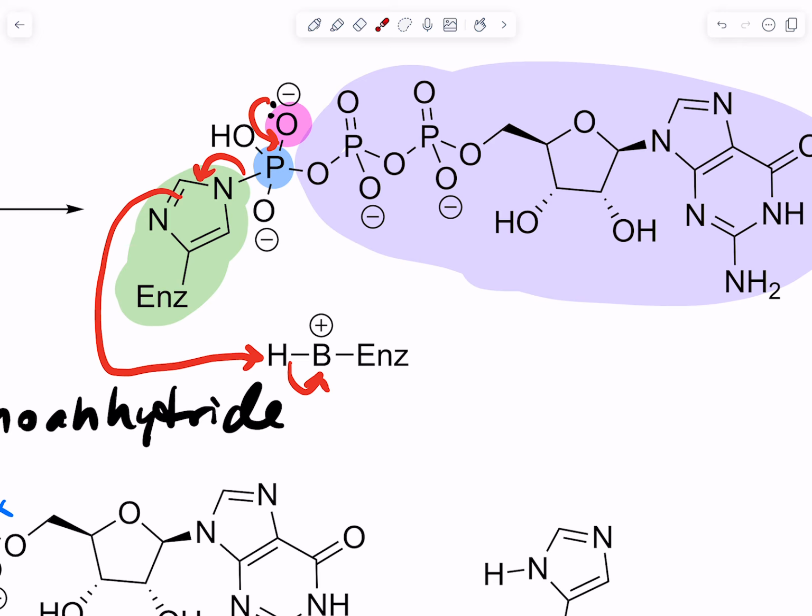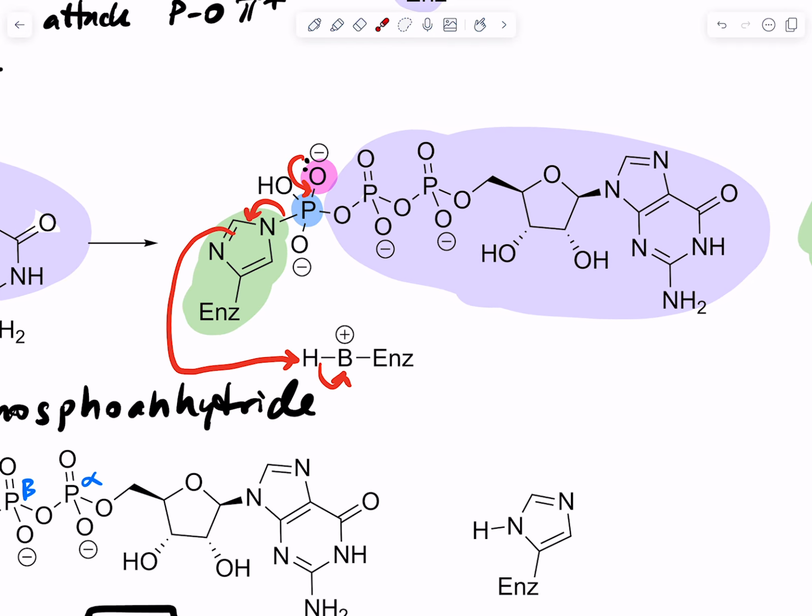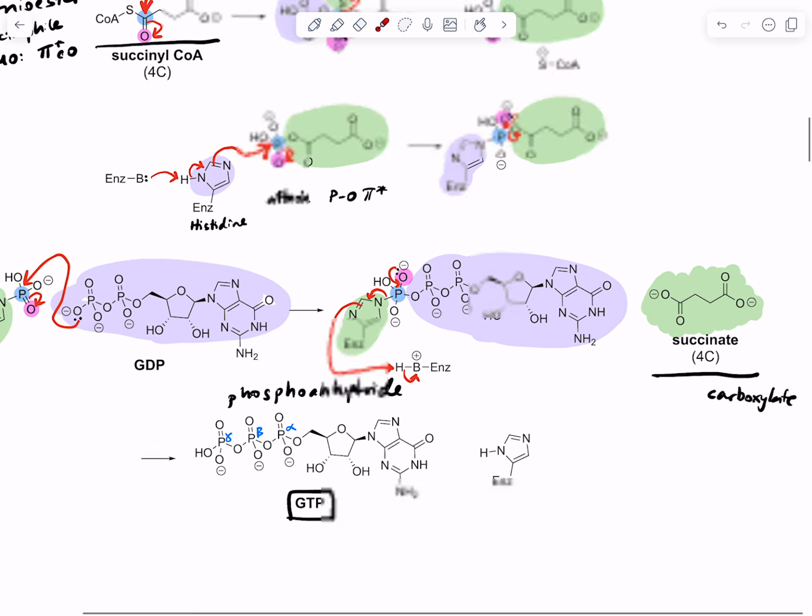It's a good question: why don't we just from this point kick off GDP? I suppose that can happen. I think the presence of this acidic group in the enzyme active site helps make this a better leaving group, as it's protonated as it's leaving. Yeah.